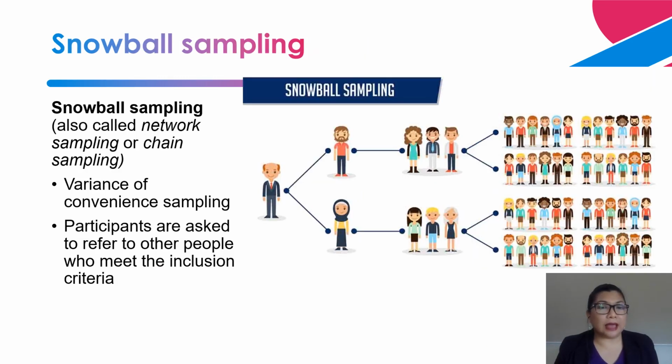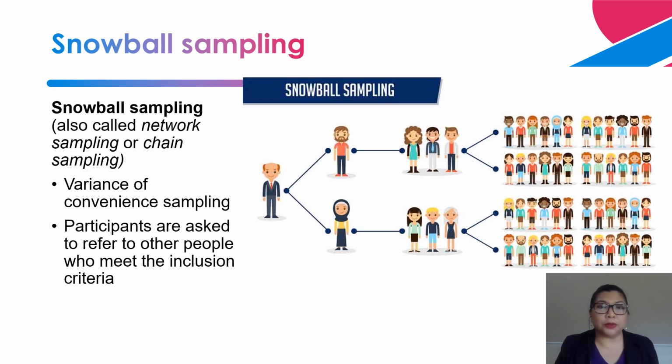Snowballing is a type of convenience sampling, but usually the snowballing technique is used when it's very difficult to recruit participants or respondents in your study. It's also called network sampling or chain sampling. Participants are asked to refer other people who meet the inclusion criteria.